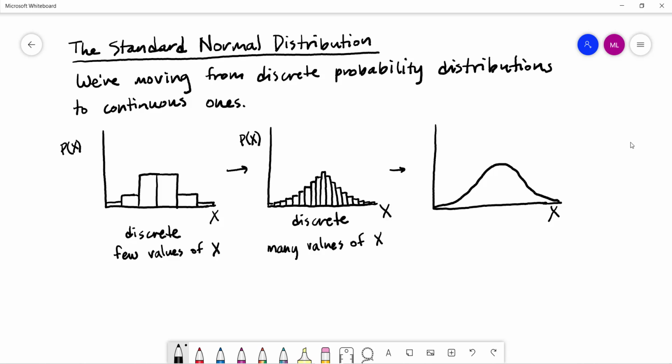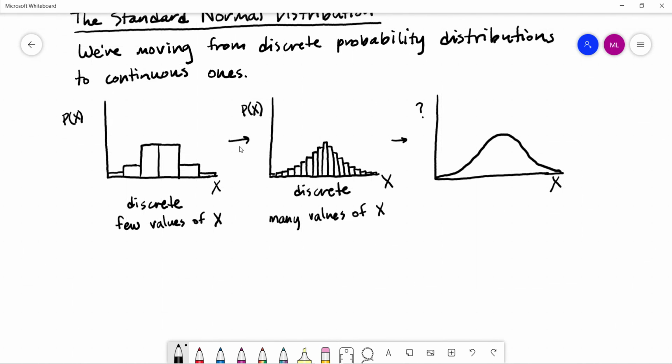Eventually we'll just treat it as a smooth curve. One thing I want to point out: you'll notice I didn't write p of x up here, because it isn't quite p of x. We'll talk about what this value on the vertical axis is as we switch to a smooth curve, but it's not the same as in the discrete case. The ones over here are what we call probability distribution functions.